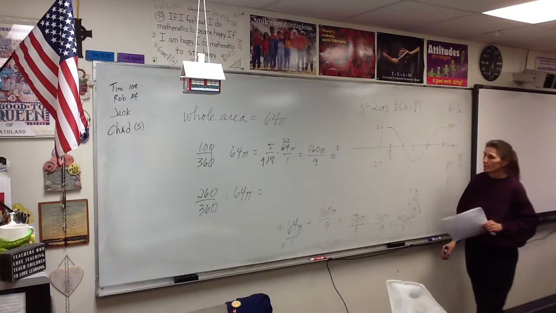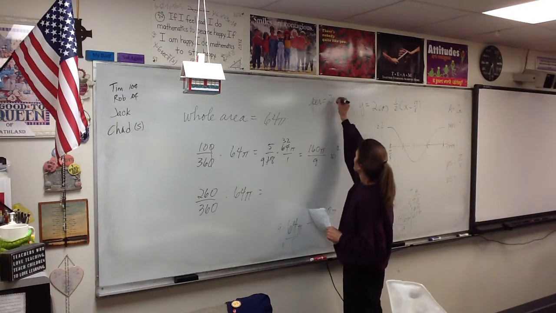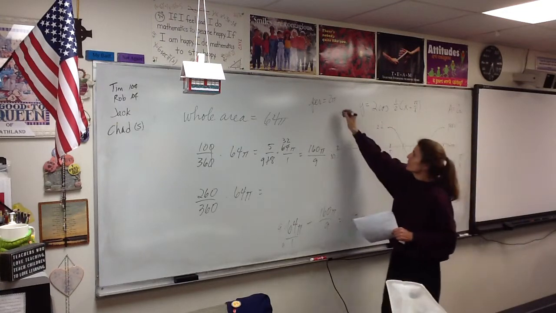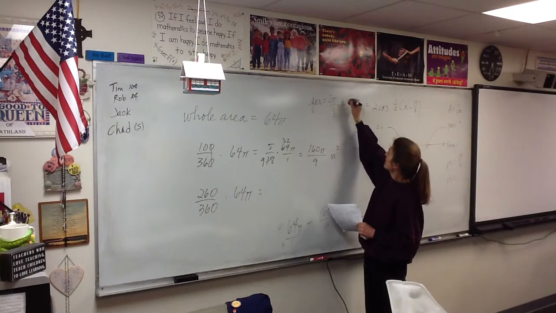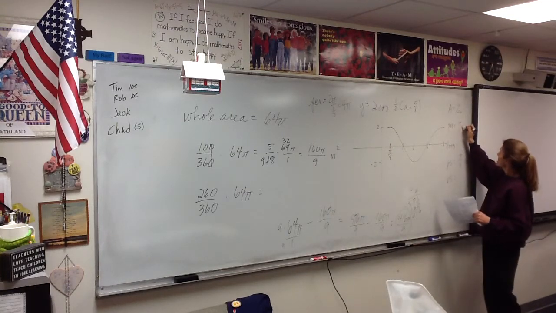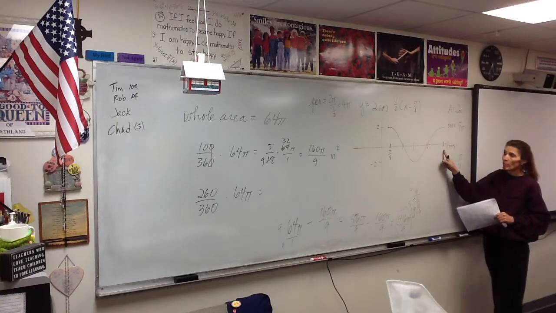What is its period? Well, its period should be 2 pi. But we have messed that up by putting in 1/2 in there. So my period is going to be 2 pi divided by 1/2, which is 4 pi. That means that from beginning to end is 4 pi.